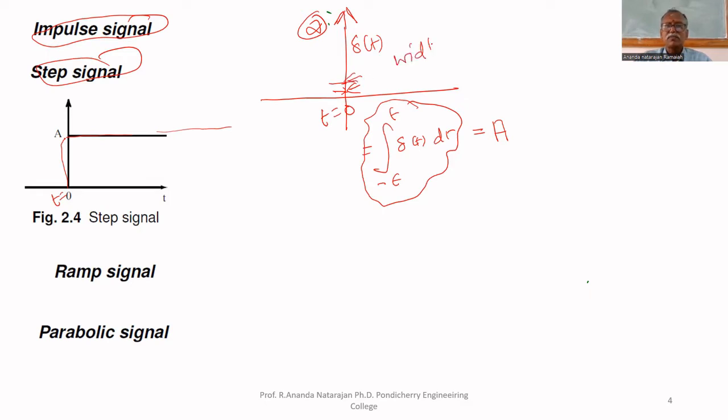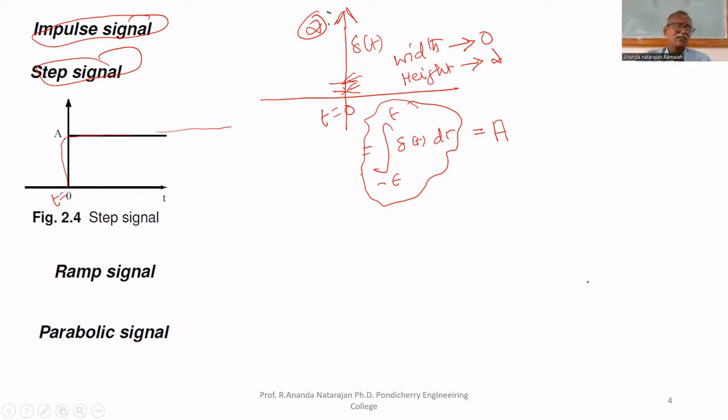Width tends to 0. Similarly, height tends to infinity. Mathematically, height is infinity and width is 0. But is it possible to have a width of 0?